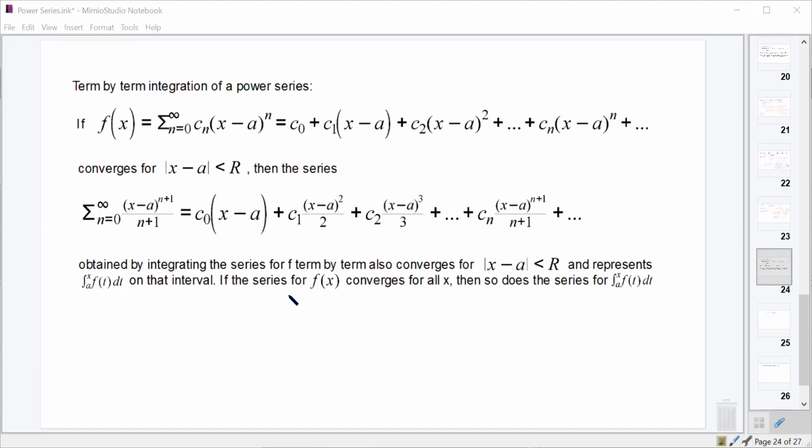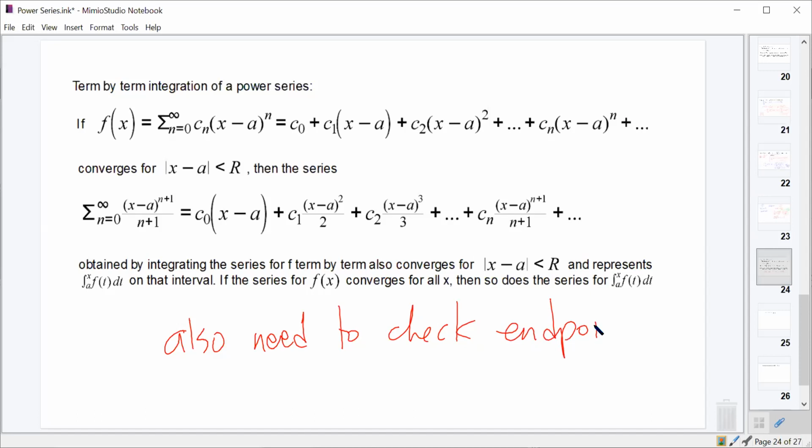And so we know that if the series converges for all of the x on this interval, then so does the integral of that series. And as I just said, you also need to check the endpoints, because it could potentially converge, as we just saw, at those endpoints. Good or no?